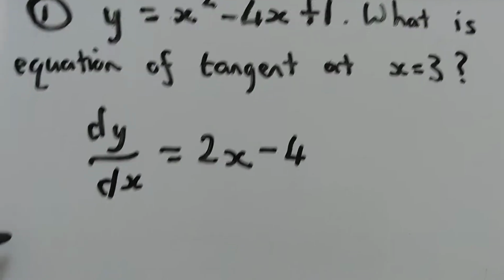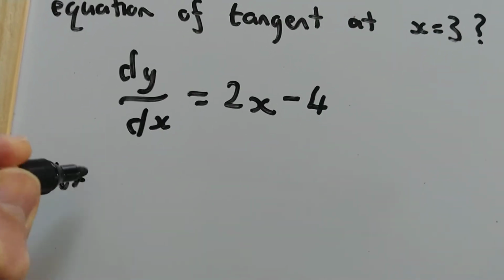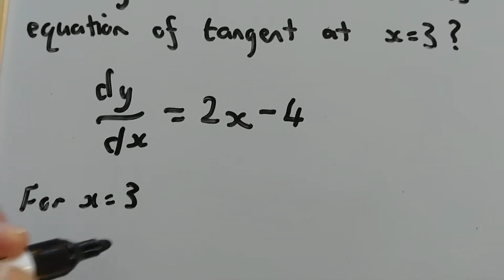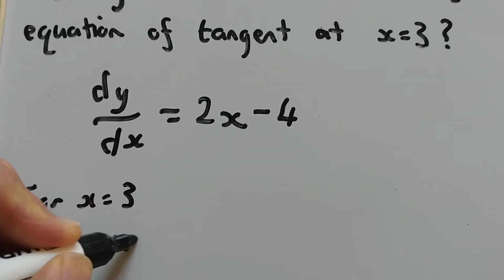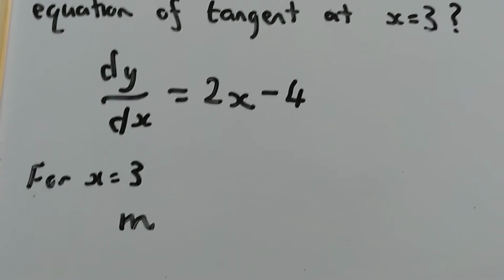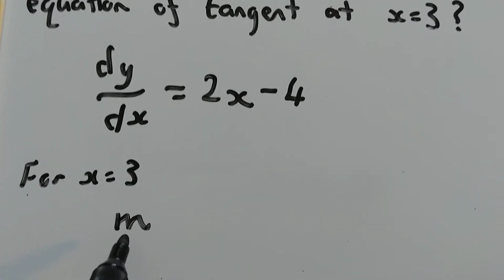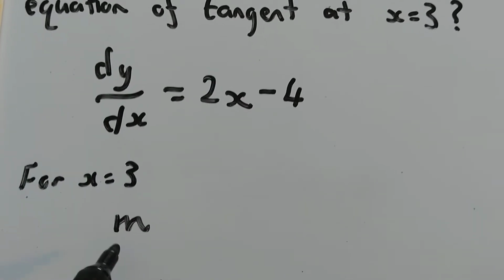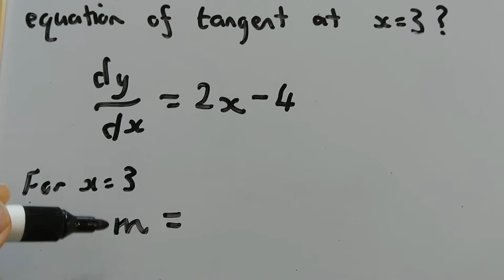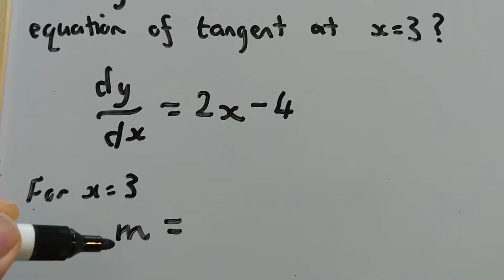So I'm going to say for x equals 3, my gradient, now since I'm now talking about a straight line, and because I'm used to doing y minus b equals m bracket x minus a, m is what I use there for gradient, so I'm going to now call it m. You can still use dy by dx if you want, but since we're talking about a particular place, and we're used to m.